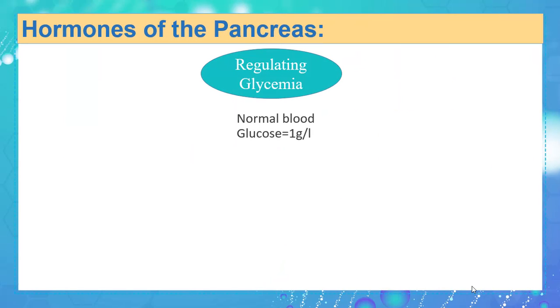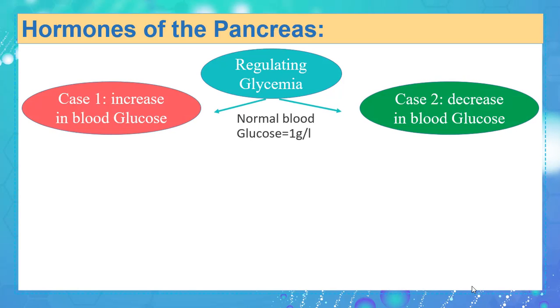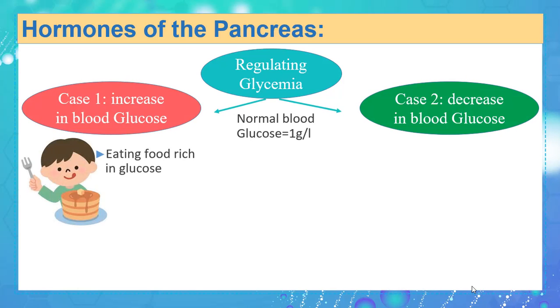When we say that the pancreas is responsible for regulating glycemia, we mean that it needs to keep a normal blood glucose of 1 gram per liter. So upsetting this value of 1 gram per liter means that we have two distinct cases. In case 1, blood glucose increases after a certain meal rich in glucose, in other words, hyperglycemia.